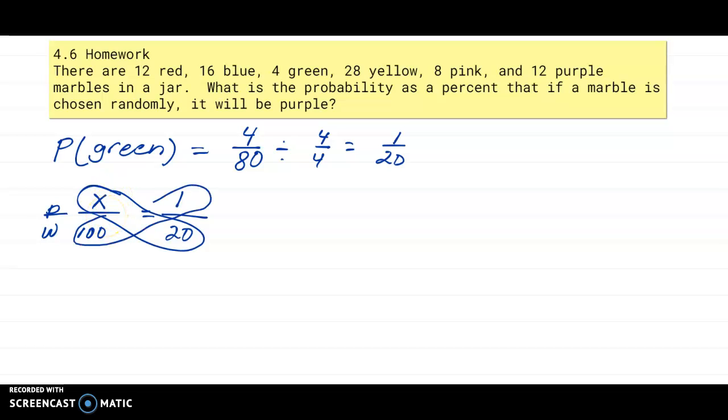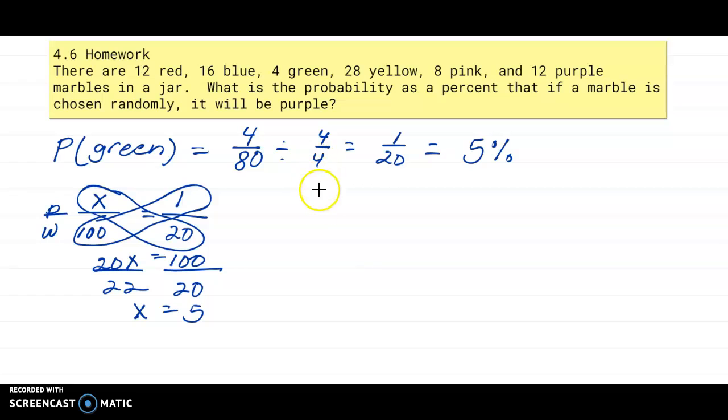So I cross multiply. 20x equals 100. I divide both sides by 20, and I get x equals 100 divided by 20 is 5. So the probability of pulling a green is 5%.